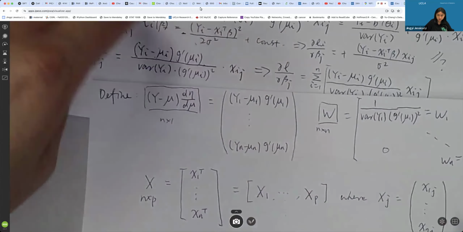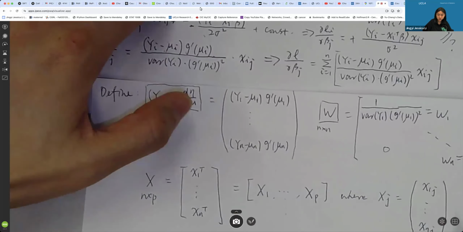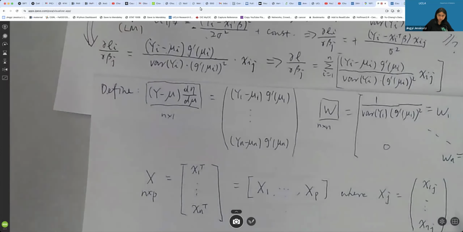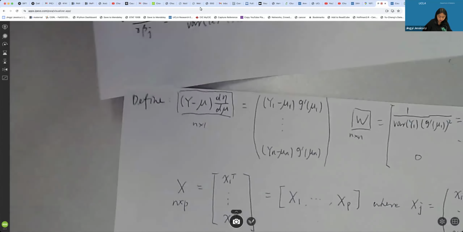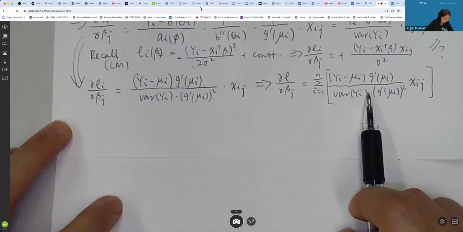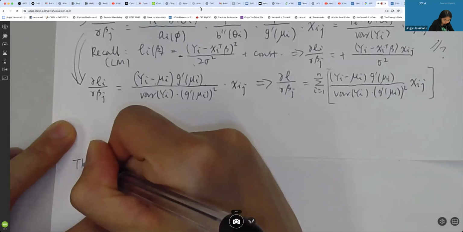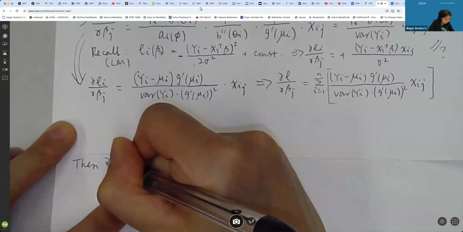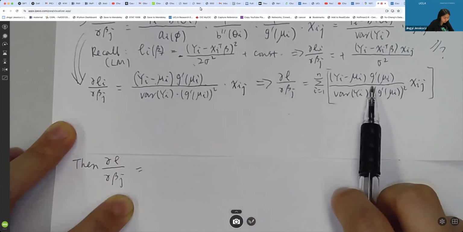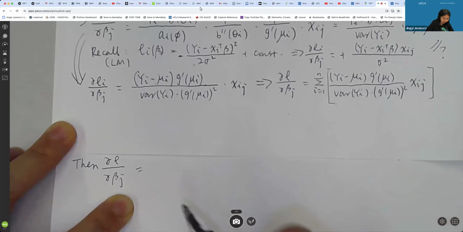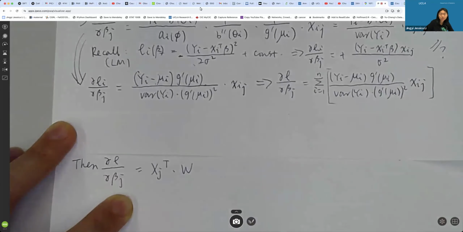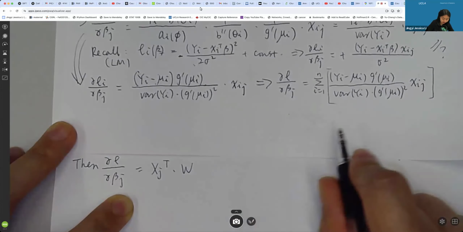So with these matrix notations, this W and X, what I can write here, to compare the two terms, is that my partial L partial beta j for this whole thing can be written as xj transpose times the W matrix, the weight matrix, times the vector.